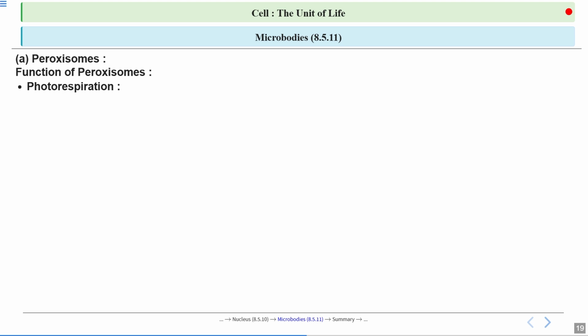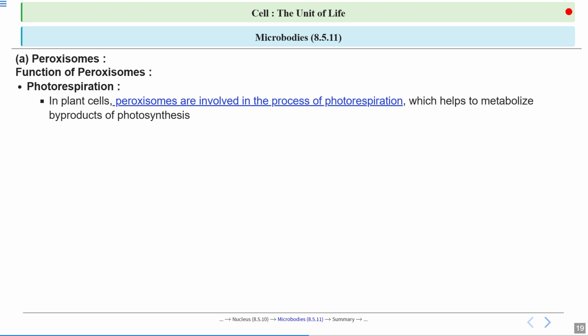Next is photorespiration. In plants, peroxisomes are involved in the process of photorespiration, which helps to metabolize byproducts of photosynthesis. You will read about photorespiration in the chapter photosynthesis. There you will learn about the C3 cycle, C4 cycle.